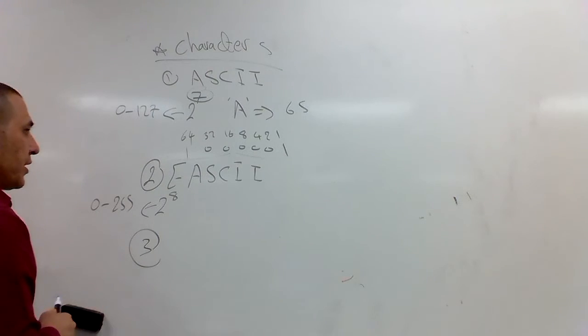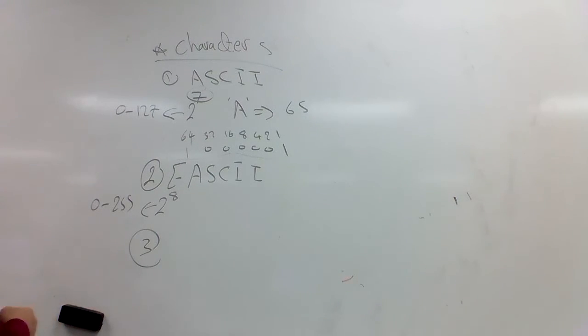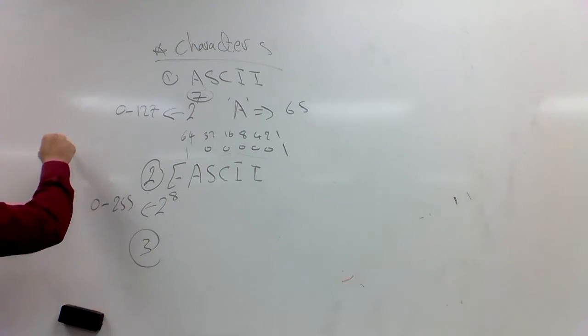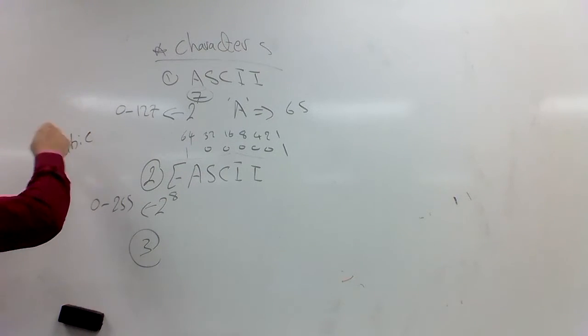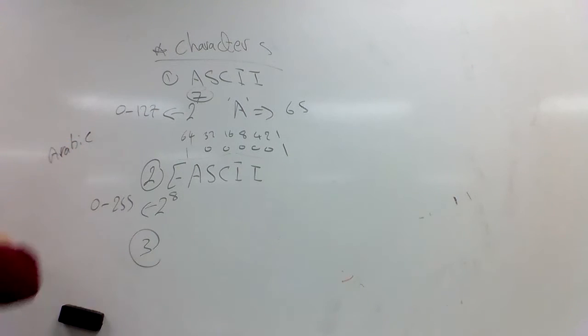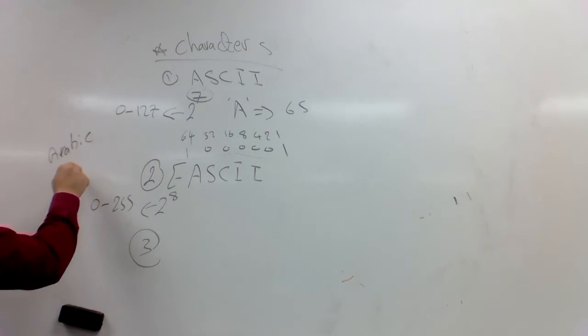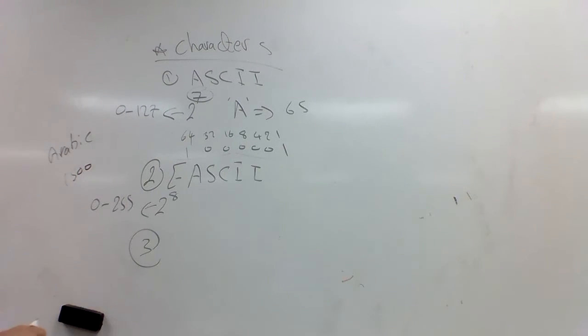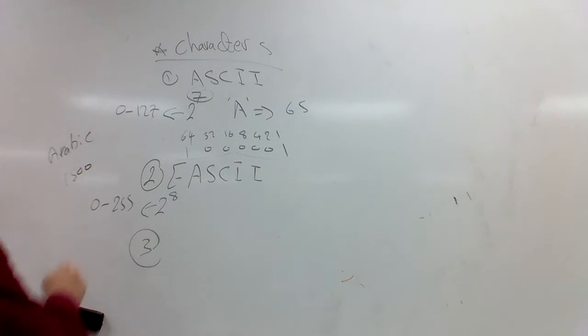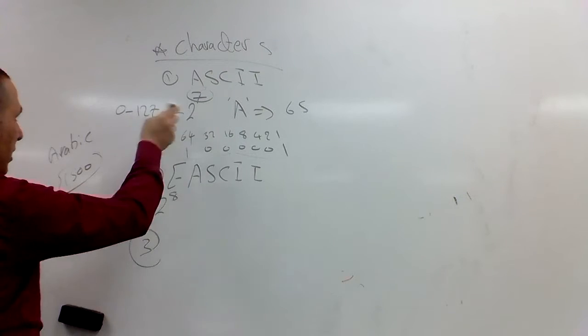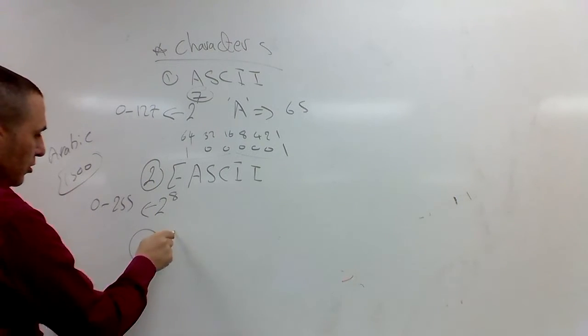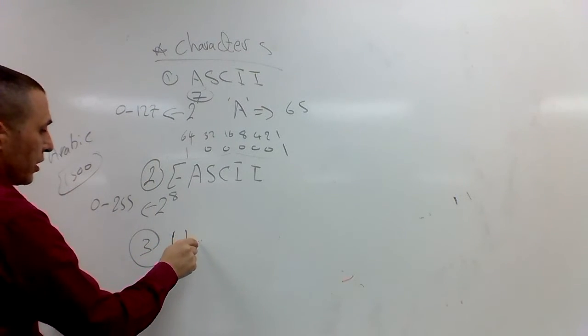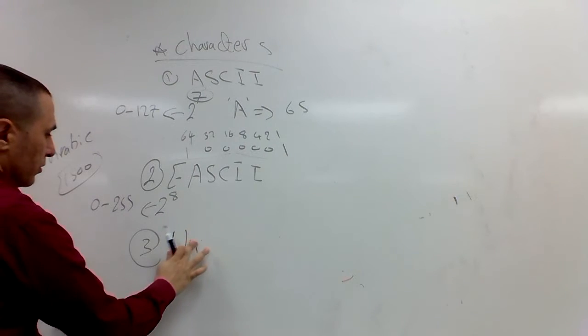Both of them weren't enough to represent other characters. For example, we have Arabic, German, Chinese. I think Chinese uses symbols for characters, and I think they have about 1,500 symbols. So can we represent Chinese in any of those? No, so they came up with Unicode.